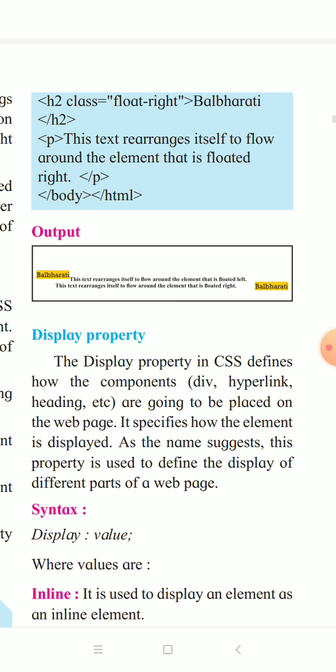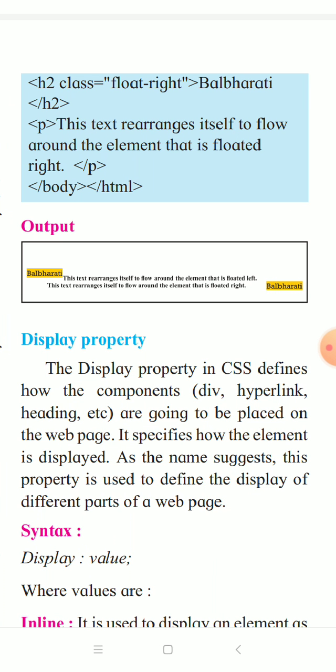This text arranges itself to flow around the element that is floated right means जिथे बाल भारती डिस्प्ले झालेला आहे म्हणजे राईट साईडला इथं डिस्प्ले झालेला आहे त्या राईट साईड जिथं डिस्प्ले झालं आहे त्याच्या अराउंडलाच हा पॅरेग्राफ डिस्प्ले होणार आहे म्हणजे अरेंज होणार आहे. हा जो पॅरेग्राफ आहे तो बाल भारतीच्या अराउंडला अरेंज होणार आहे. लक्षात. हा देन हियर end of p tag, end of body tag, end of HTML. You can see here the output.